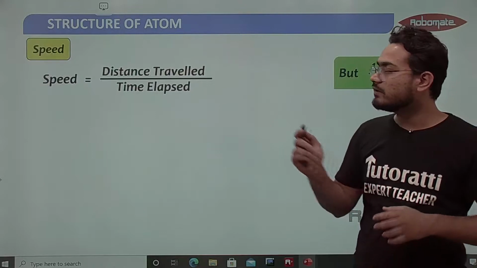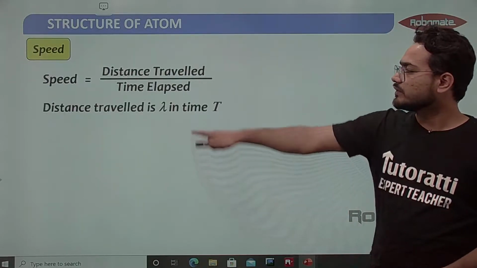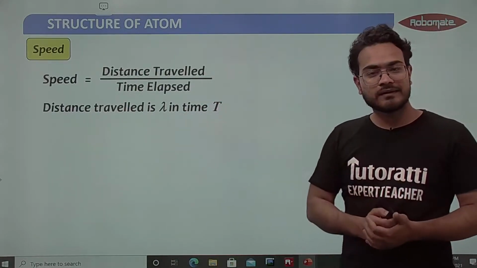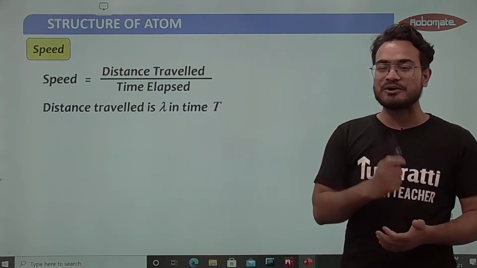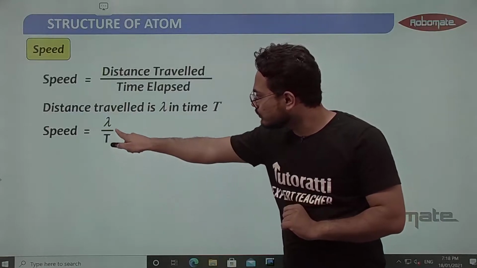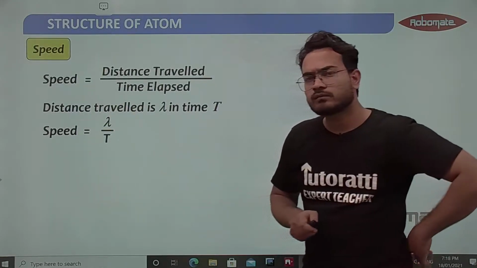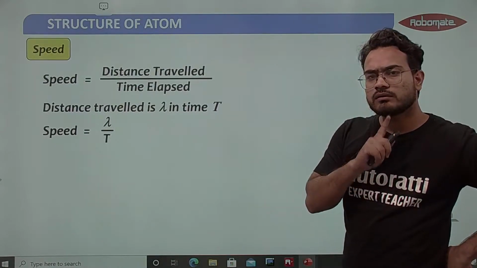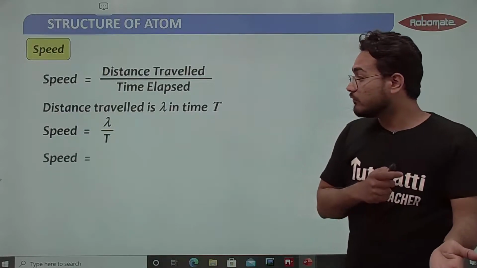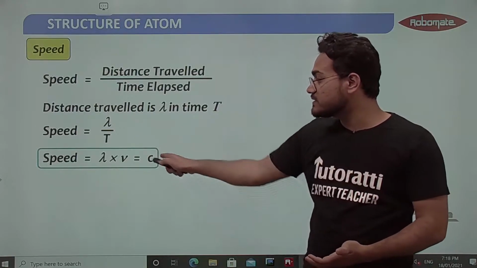So the speed will be lambda upon t. Distance travelled is lambda, time is t. And what do we call 1 upon t? We have studied just right now. 1 upon t is called nu, frequency. So lambda into frequency is speed.